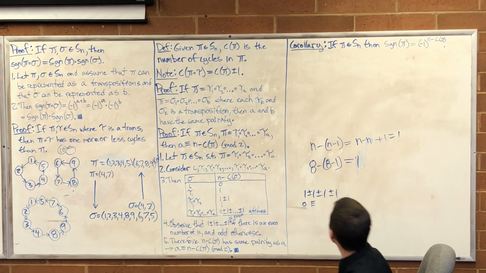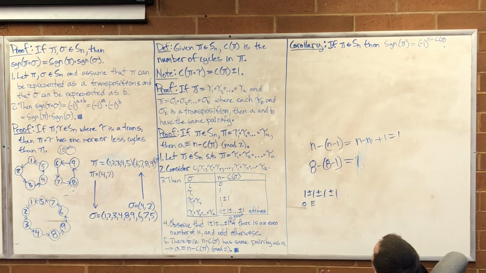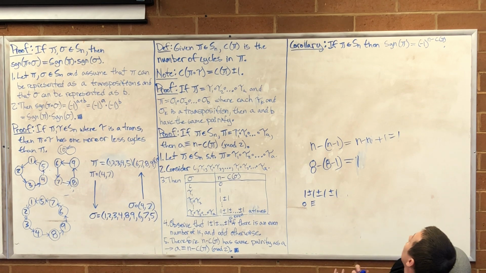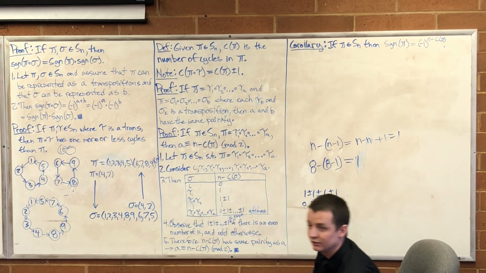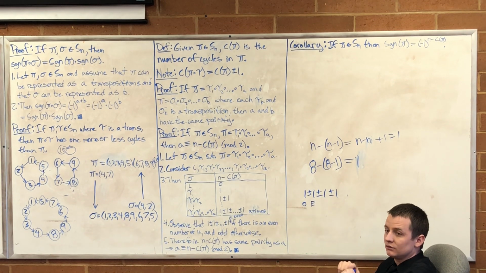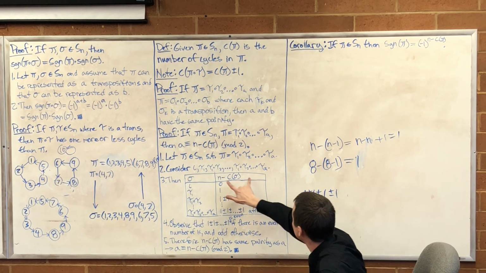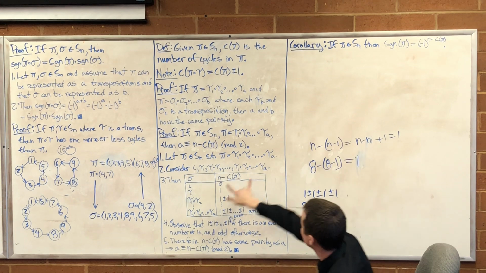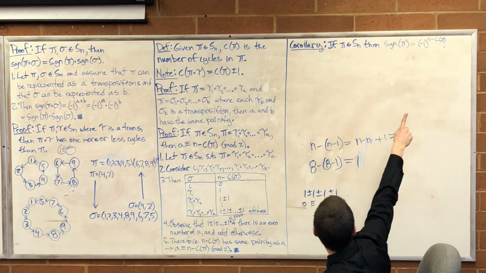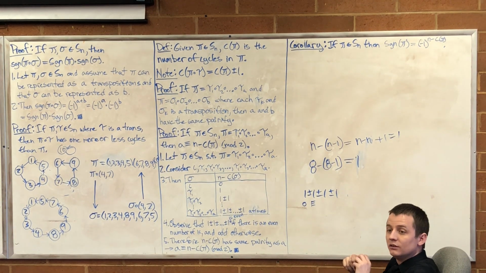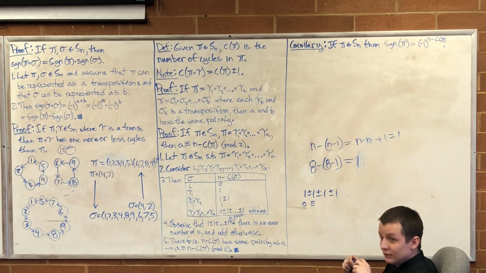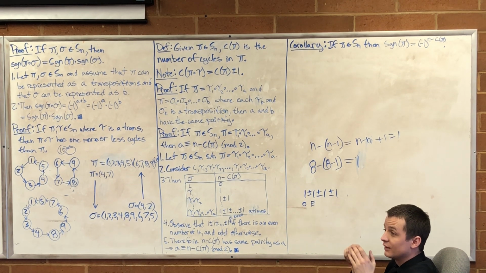And now we proved it. And then we have a small little corollary up there. If pi is a permutation, then the sign of pi is equal to -1 to whatever that constant is. Right? Because if that constant's even, then the sign has to be 1. If that constant's odd, then the sign has to be -1. Yeah. It's the same thing like that.